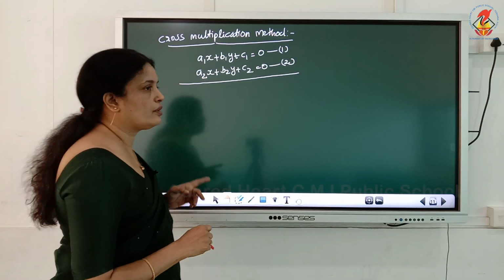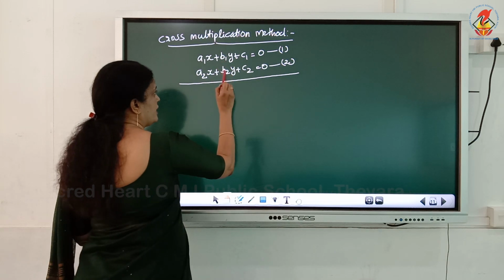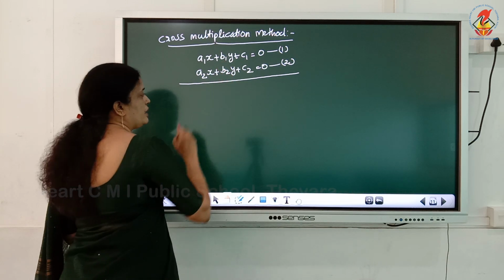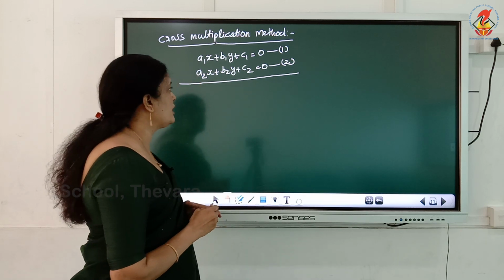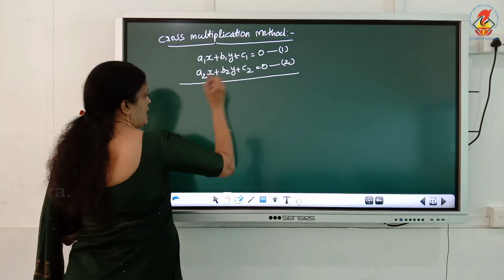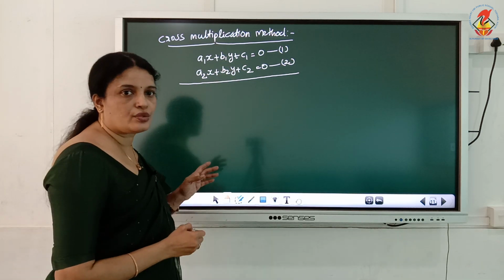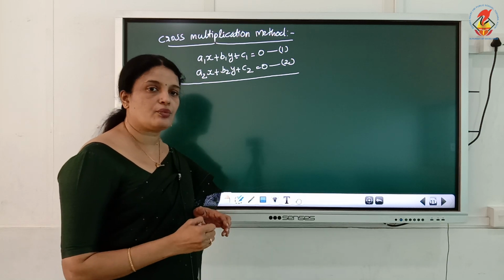I am eliminating the variable y. Here the y coefficient is b1, and here the coefficient of y is b2. The first equation multiplied by b2, the second equation multiplied by b1, you can make the coefficient the same. Then subtract these two equations, you can eliminate the y variable.